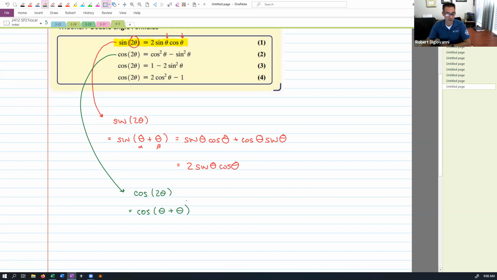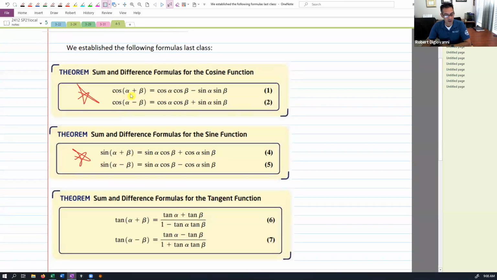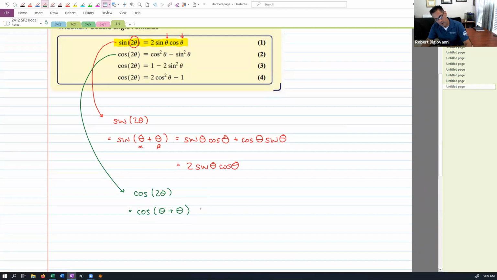That's what it means. And then if we go back to last class, we can use this first formula here, which says cosine alpha, cosine beta minus sine alpha, sine beta. So if I do this formula with what I just put down, I should get cosine of alpha, cosine of beta, but since alpha and beta are the same thing, it's just cosine theta, then minus sine theta, sine theta.